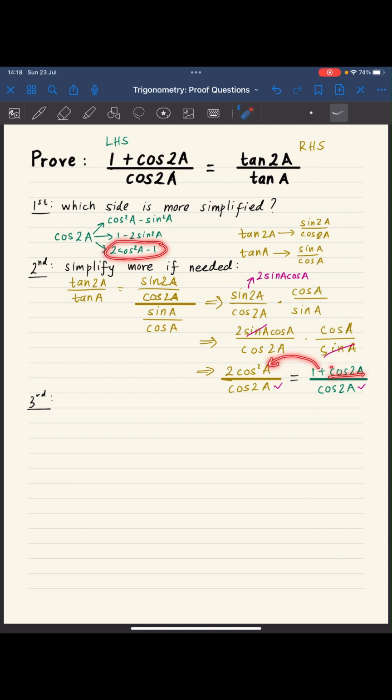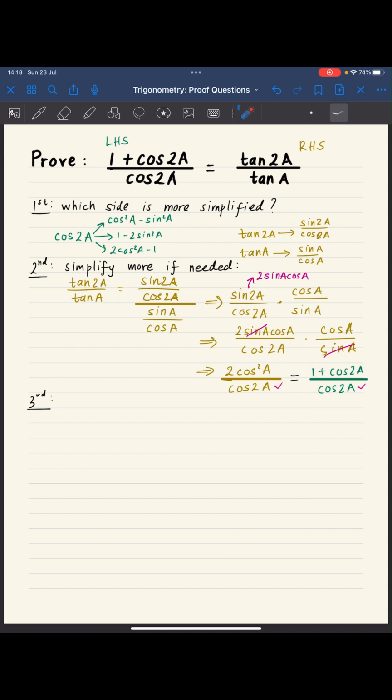This is the only version of cosine 2A that can give me something close to this. We want to convert this to this. So we have a hint, an indication to go in that route.